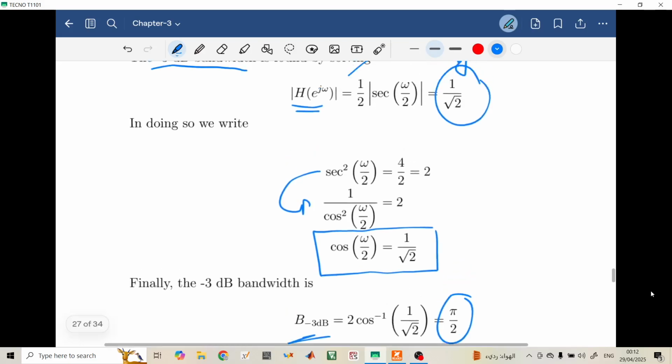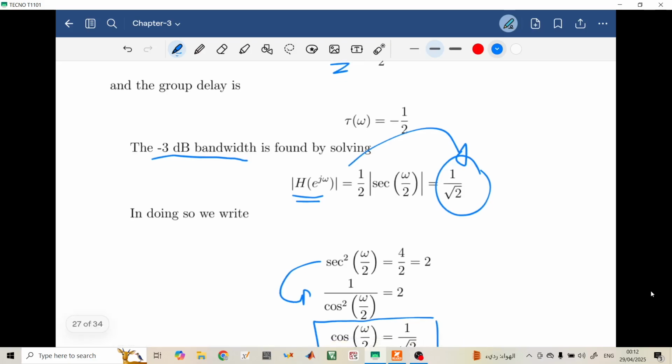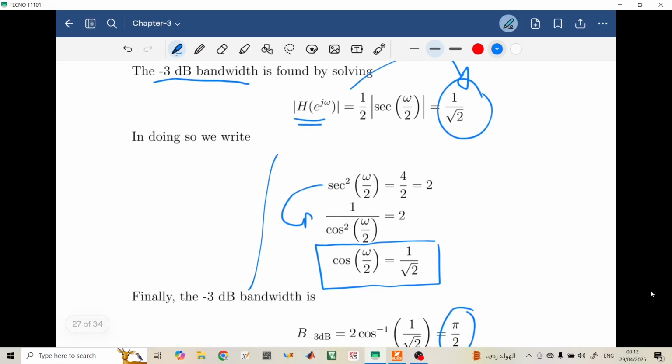Now if we want to find the first null bandwidth, we want to equate this. So we say, okay, 1/2 magnitude of secant omega by 2 equals 0.